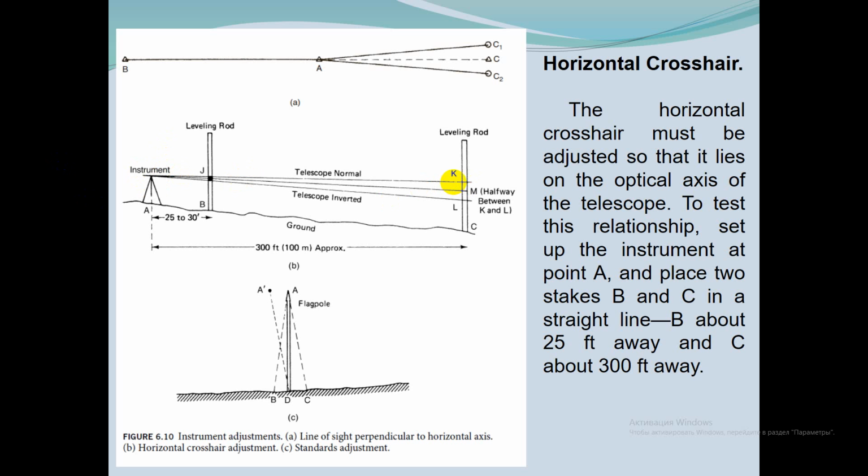If the crosshair is out of adjustment, the rod reading at C will be at some reading L instead of K.